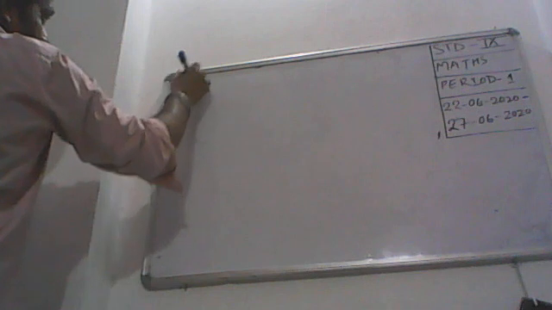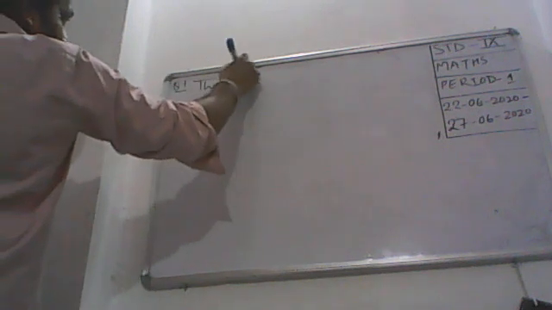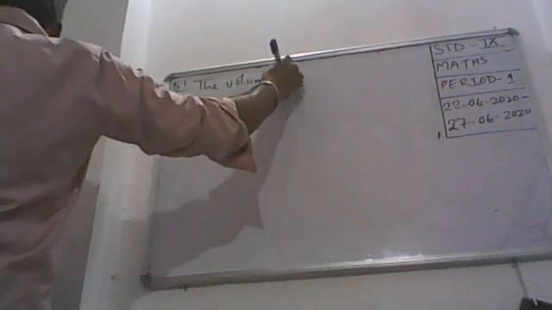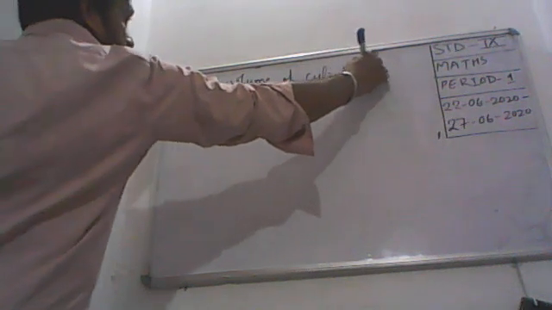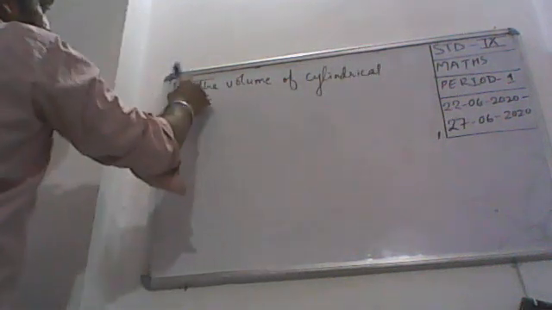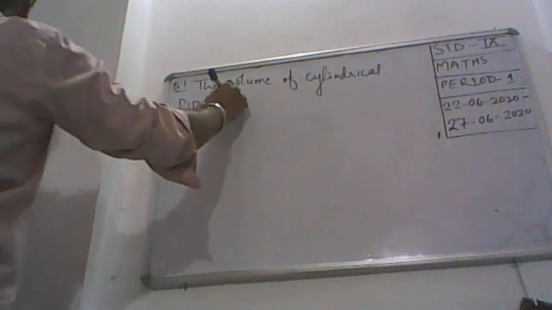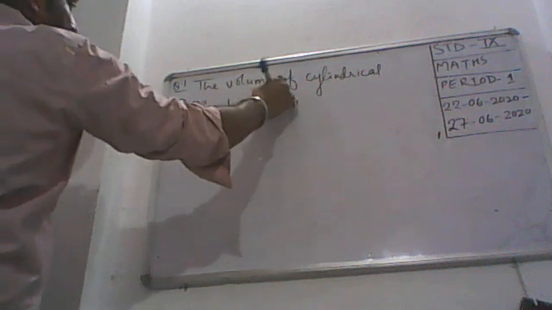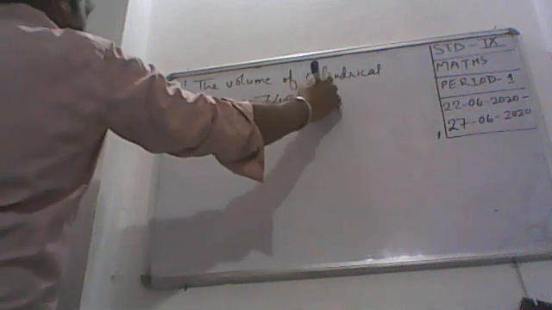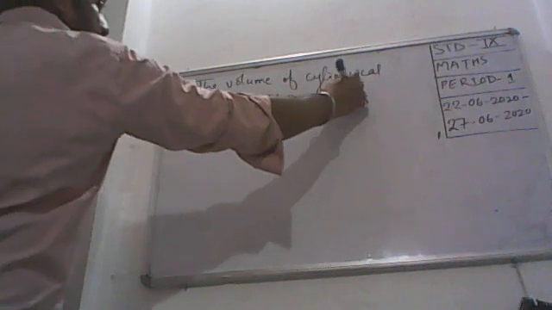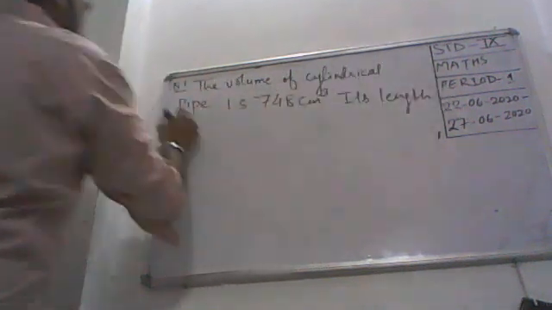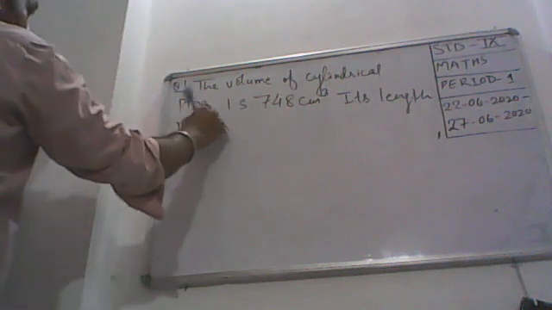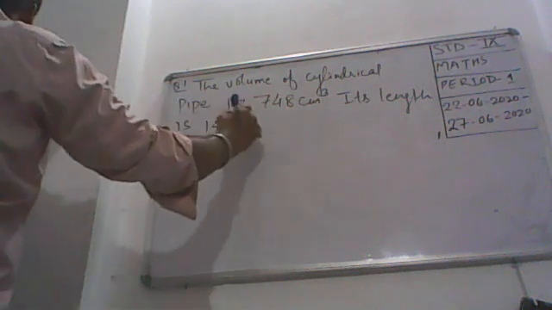The volume of a cylindrical pipe is 748 centimeter cube, and its length is 14 centimeter.